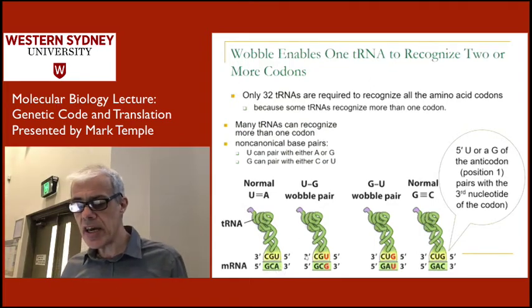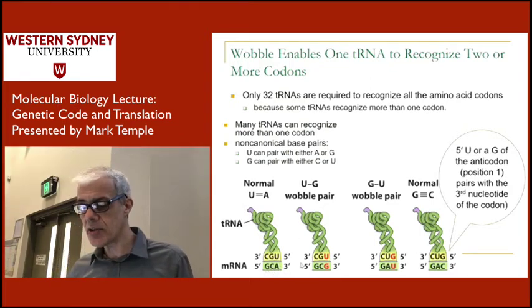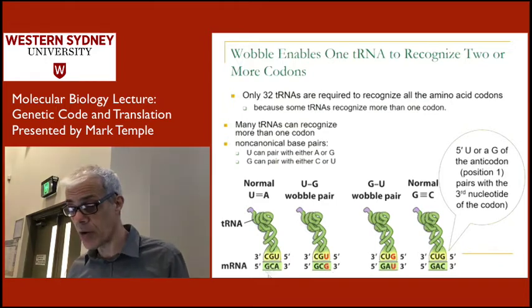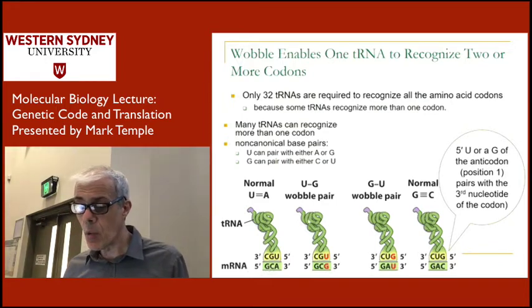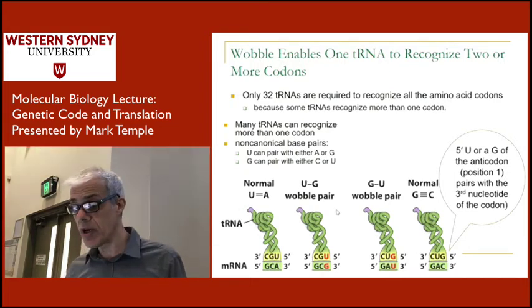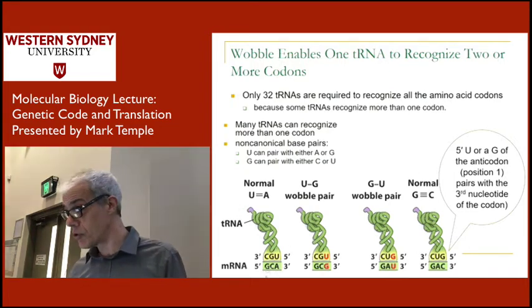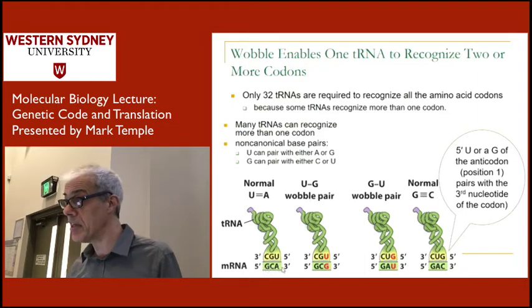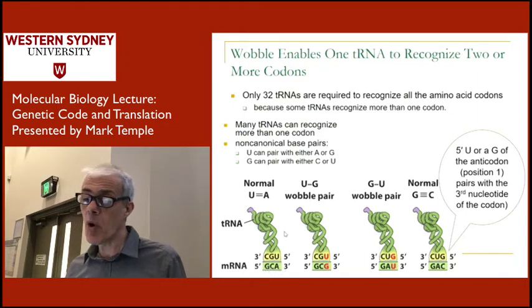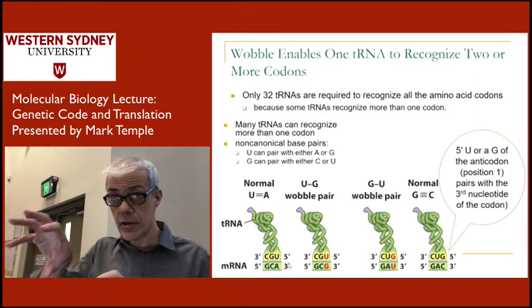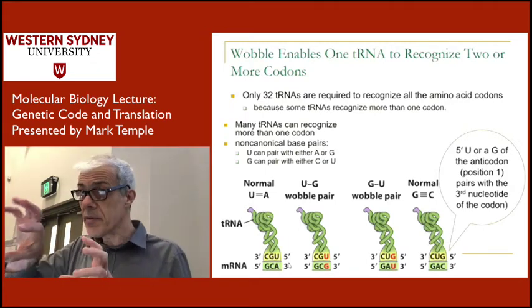This is showing the messenger RNA sequence on the bottom, with GC, GC as the first 2 bases, and either A or G as the third base. Okay? And you have one transfer RNA bringing in the same amino acid residue that recognizes either of those 2 sequences in the messenger RNA. Okay? And we say that the third base is where there's a bit of wobble.